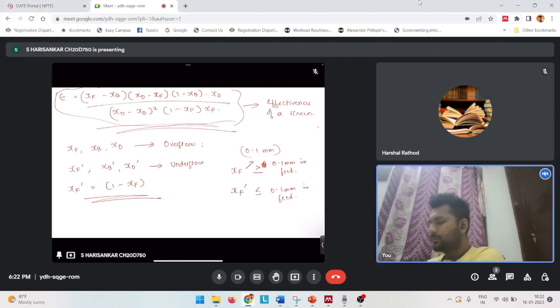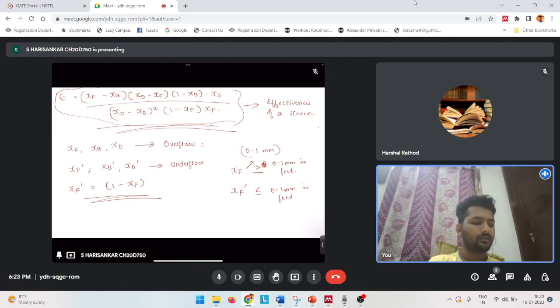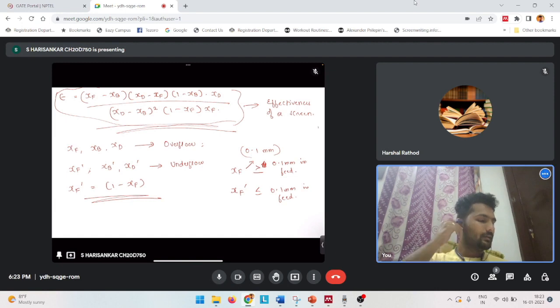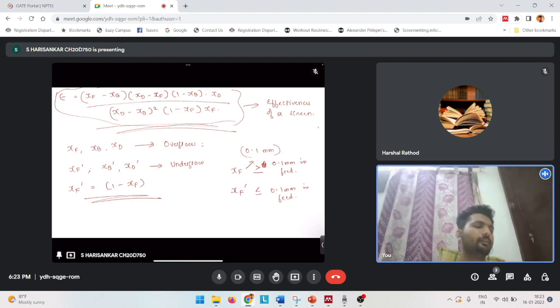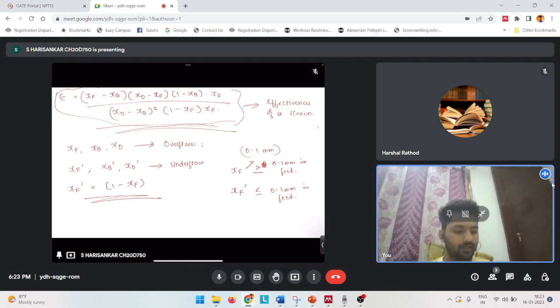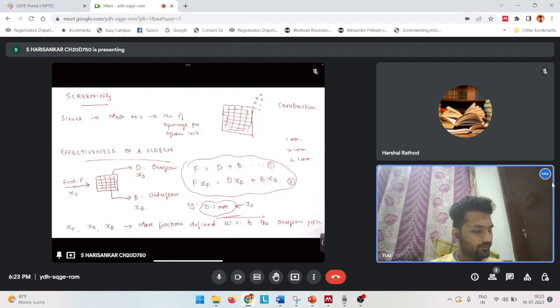So we were defining these mass fractions, right? As I said, xf, when you define it based on the overflow, means the particles that are greater than that size. Last page I said it is less than this size, but it is actually greater than 0.1 mm.